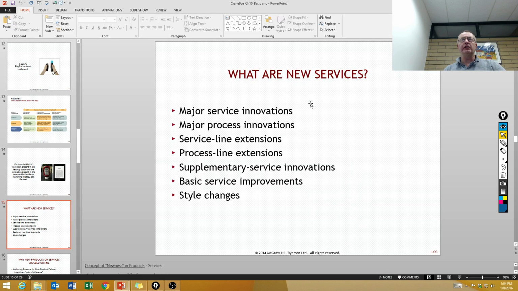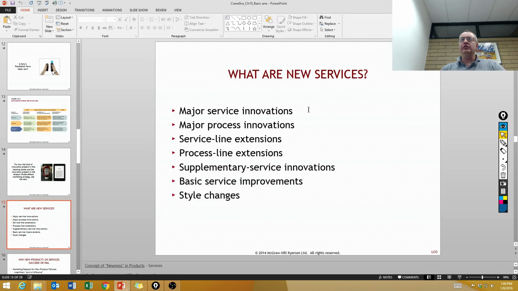And then another distinguishing feature of services that makes them different from goods is that because services are intangible, there's no place to attach the company's brand label. So when I go to the dentist, there's no dental brand.